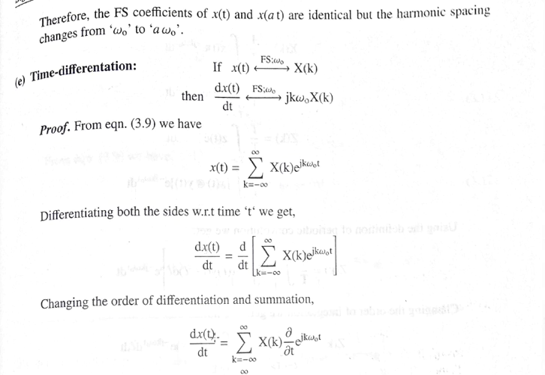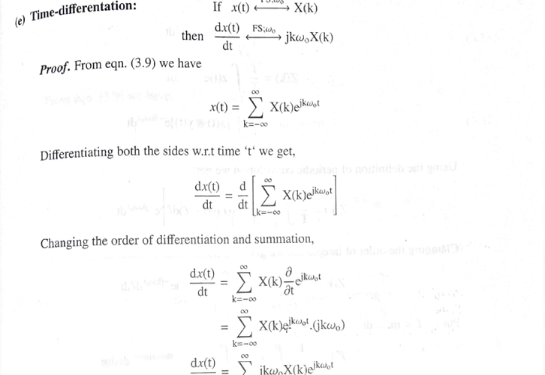Now the left side will remain as it is, but on the right side, in d by dt there is a term e raised to j k omega naught t, and this t is certainly going to change once we do the differentiation. So x of k, summation k from minus infinity to plus infinity, stays as it is, because it is independent of the differentiation as there is no t.